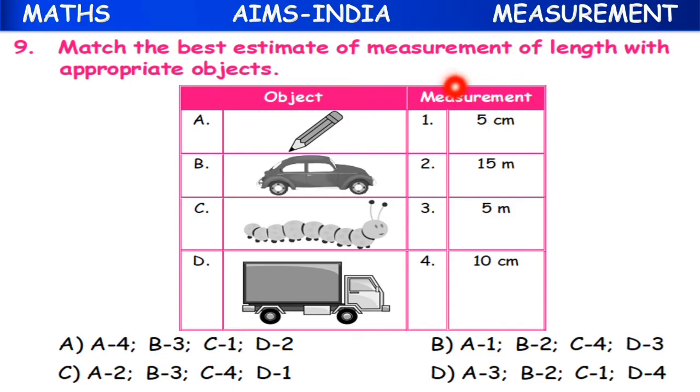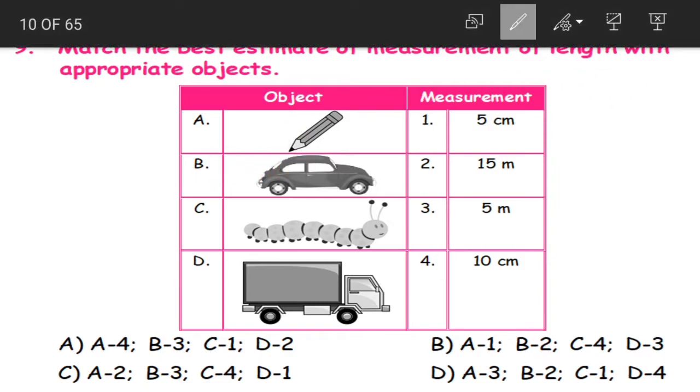Match the best estimate of measurement of length with the appropriate objects. What do we want here? We want to get the best estimate of the length with the appropriate objects. Here, from the given options, we have pencil, car, caterpillar and a truck.